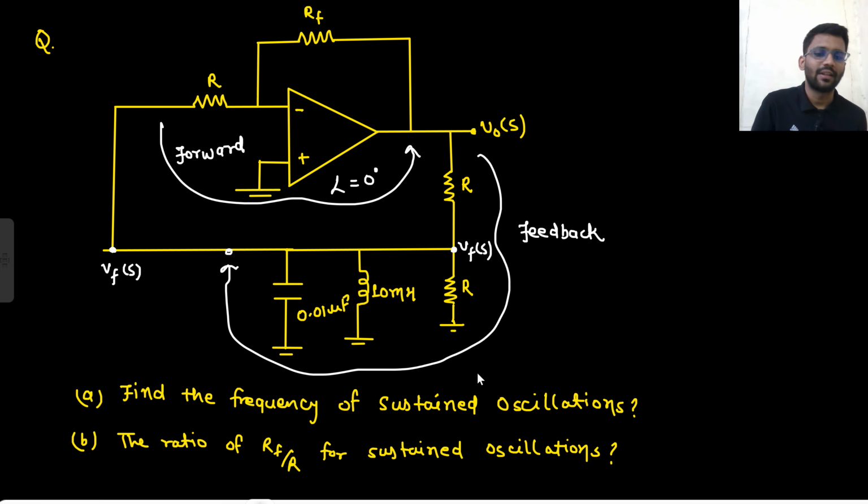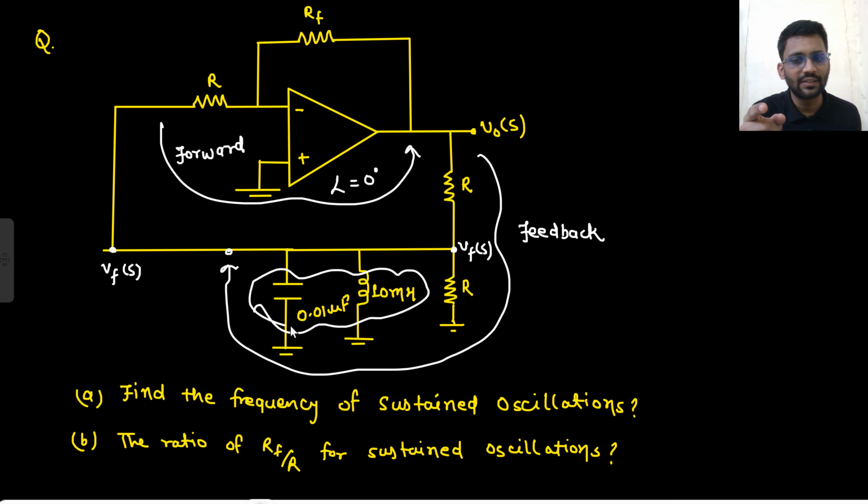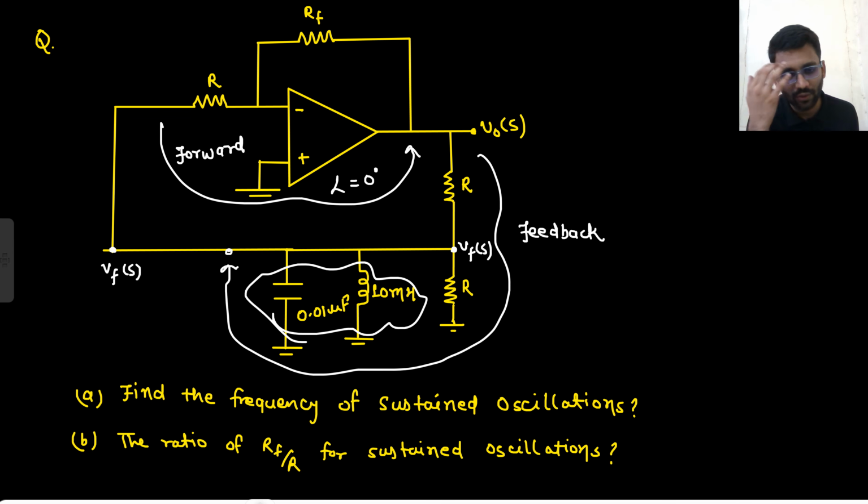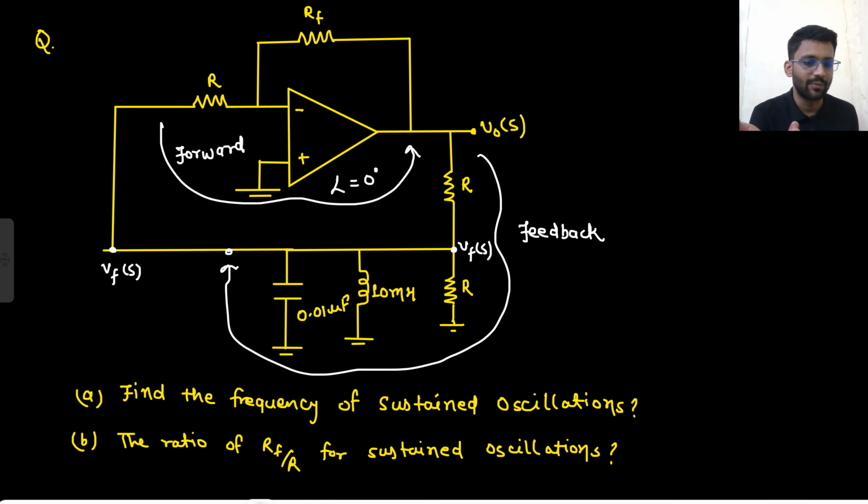Also you could have thought that at resonance this will be infinity only, right? At resonance, the impedance provided by both of them would be infinity. This is how you could also have thought. So omega would simply be equal to 1 by root LC. So this is 10 to the power minus 8, this is 10 to the power minus 2, so 10 to the power minus 10, and the root gives 10 to the power 5.